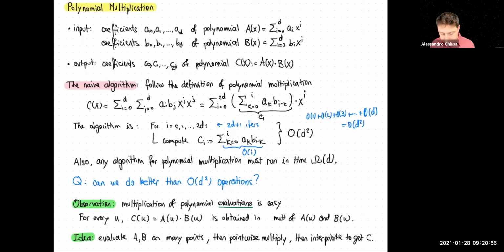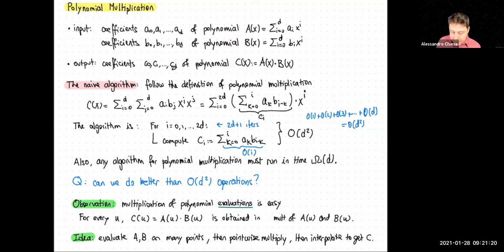All right. Okay, now the starting point of realizing that maybe we could do better than the naive algorithm is that actually multiplication of polynomials is not hard if you want to multiply polynomial evaluations.